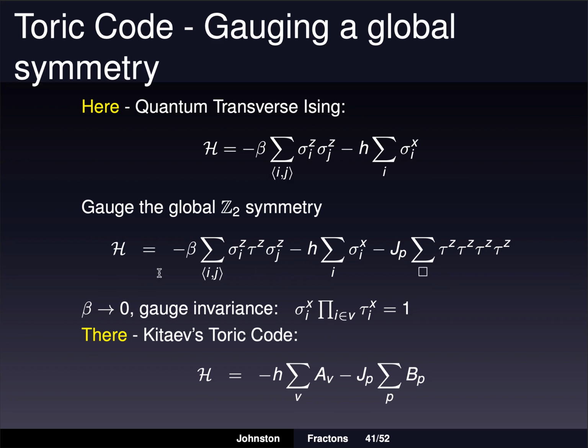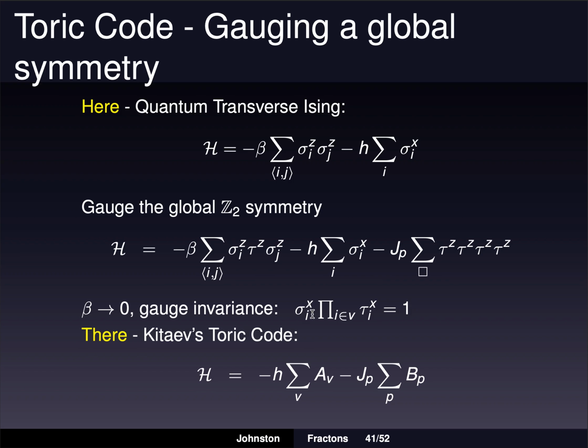And now, if I have a look at the beta to 0 limit of this gauged transverse Ising model, in other words, the high temperature limit, and demand gauge invariance, first of all, gauge invariance will give me this. So if I flip a sigma spin, I have to flip all of the tau spins on the edges attached to it.